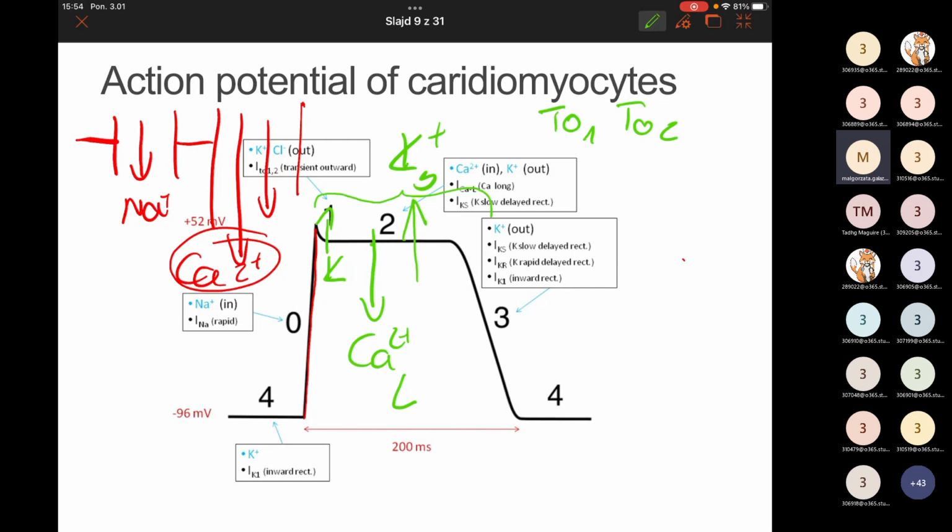The calcium influx into the cell by the L-type calcium channels triggers excitation-contraction coupling.